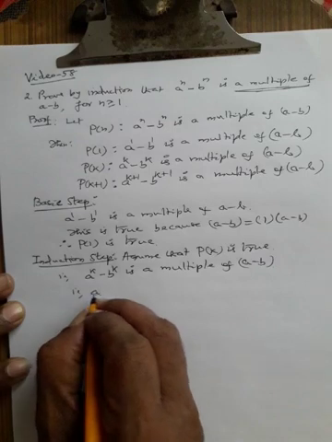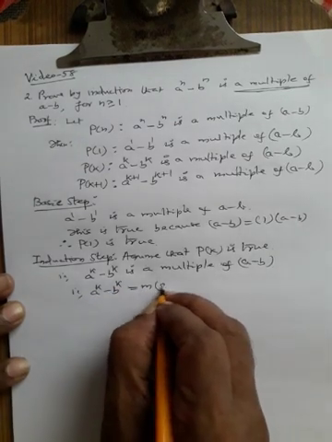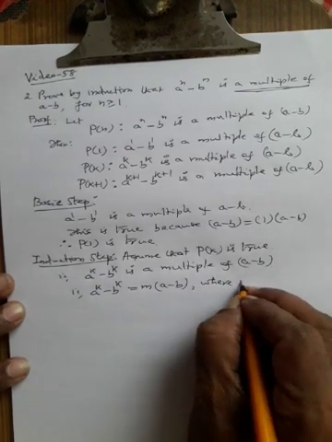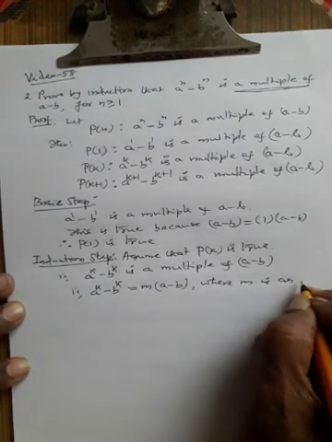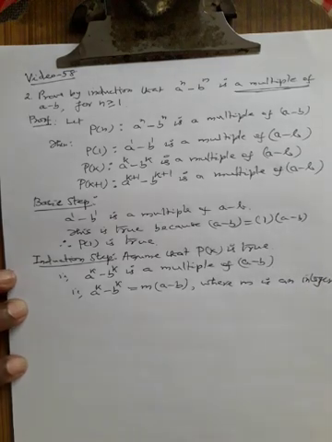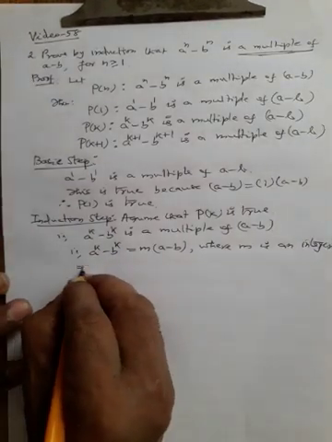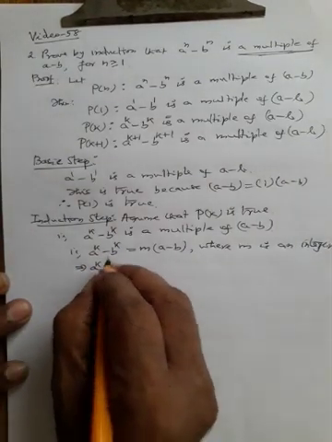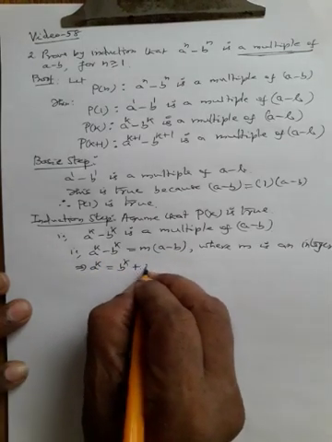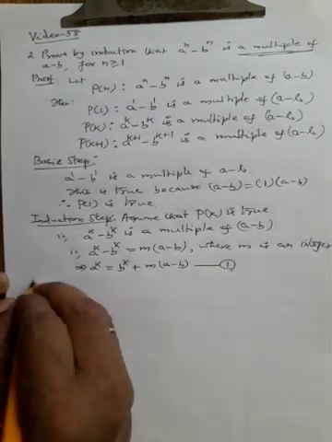That is, a power k minus b power k is m times a minus b, where m is an integer. This implies a power k equals, taking minus b power k to that side, b power k plus m into a minus b. Equation number 1.